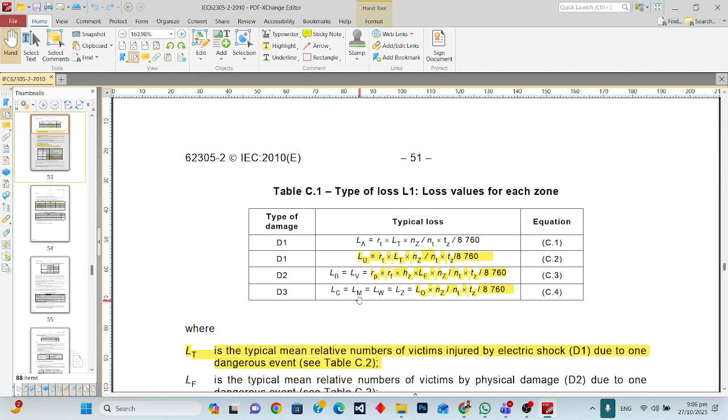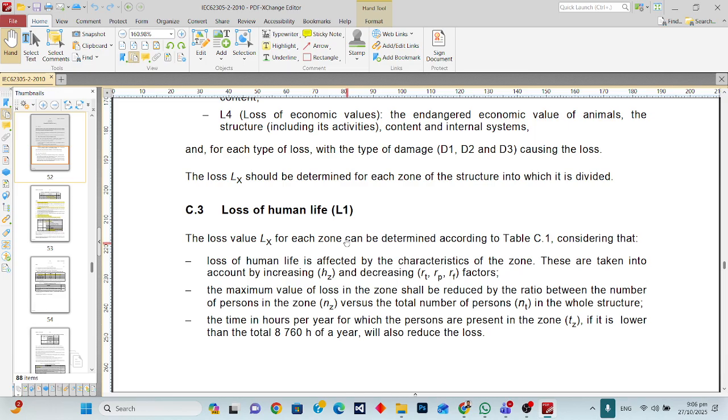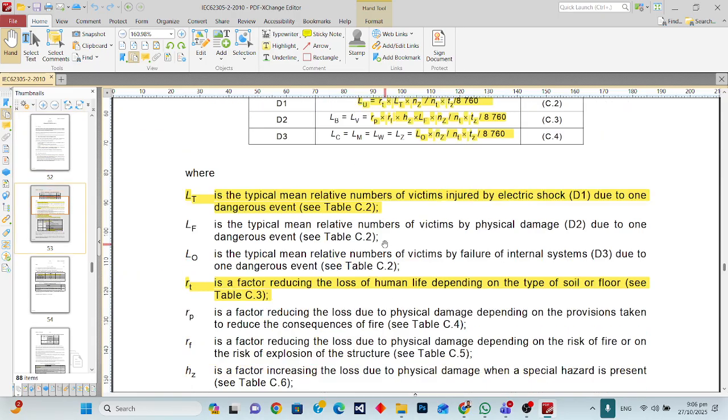I told about all of these formulas, but actually these will be used for L1, the loss due to lightning strike over the structures, basically L1, the human lives losses. These formulas are used for the L1 loss.